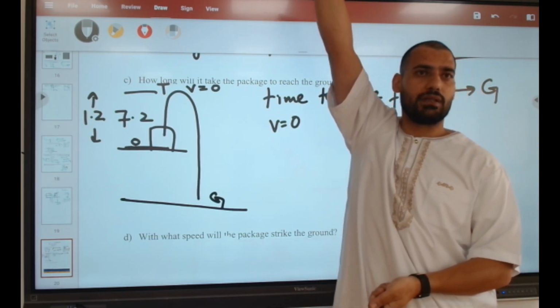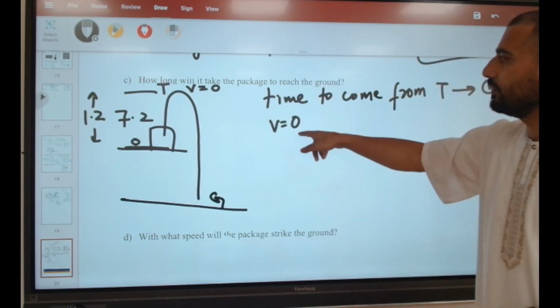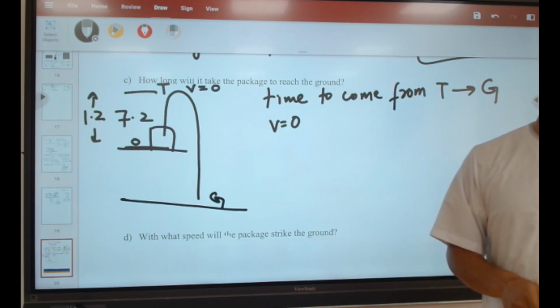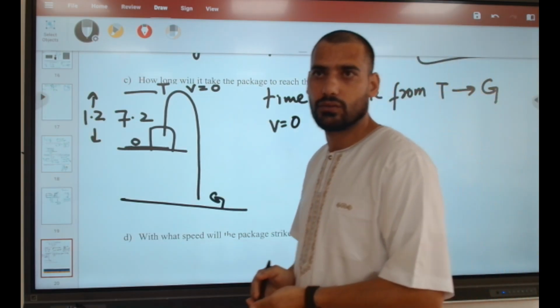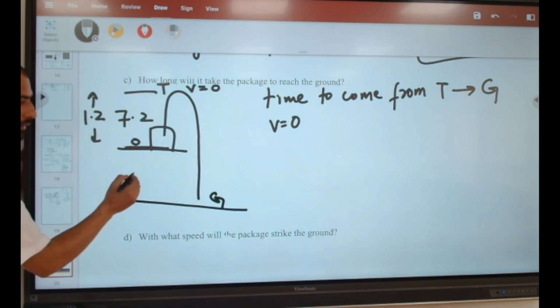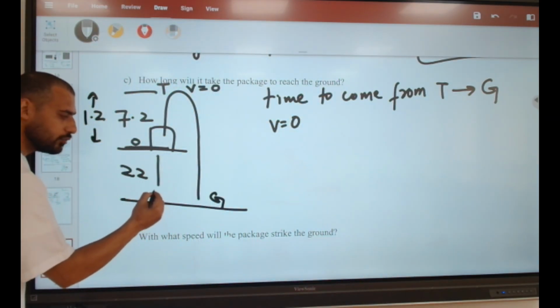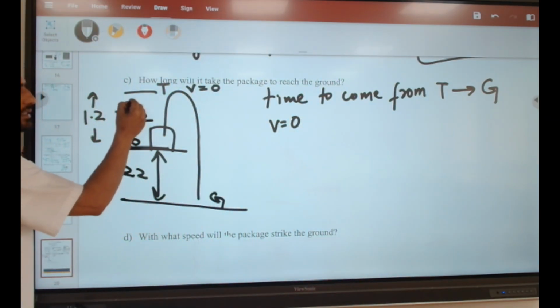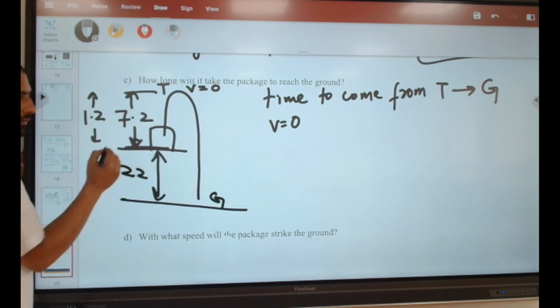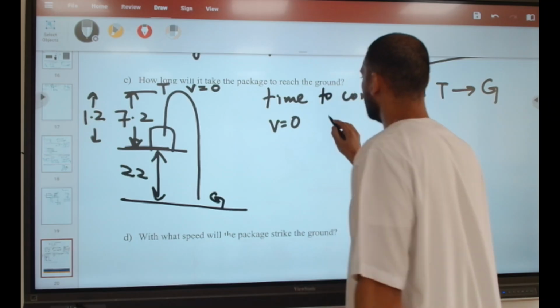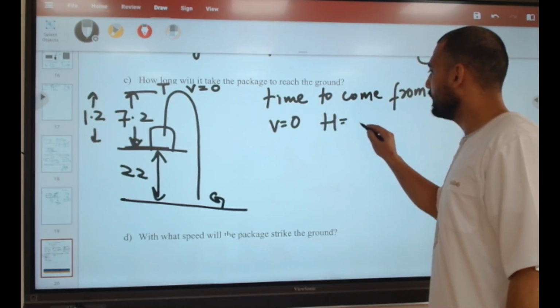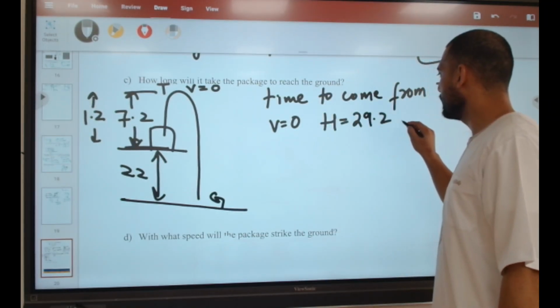It's kind of a dropping thing, so that velocity will be 0. Clear? What is the total height? This is 22 already. This is 7.2, so total is 29.2. Very good. So the total height is 29.2 meters.